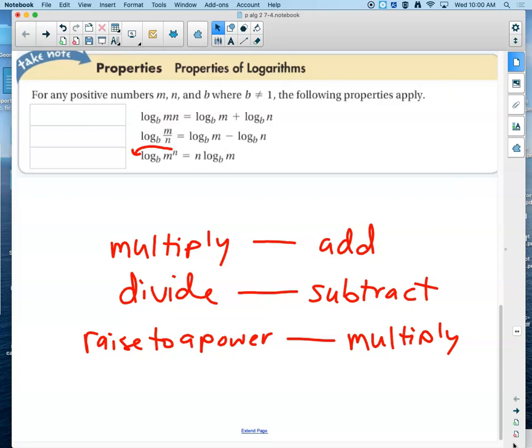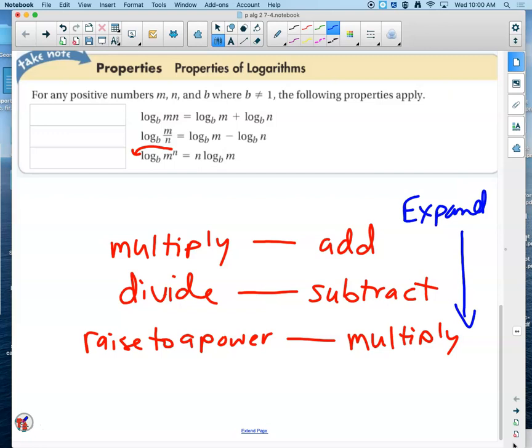Now, this process is going to work in two different directions depending on what it is they want us to do. So, if they give us a problem that says expand, I'm going to write that over here. And you should be writing all this down, everybody. This is going to help you out big time with these logarithms. If they say expand, we're going to use this list top down. Anything that we see that's multiplication, we're going to change it to addition.